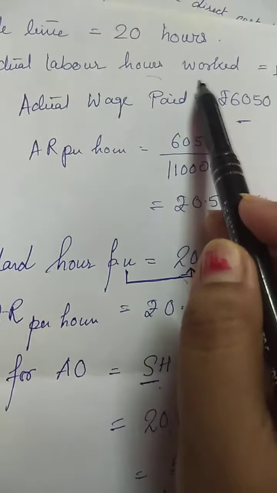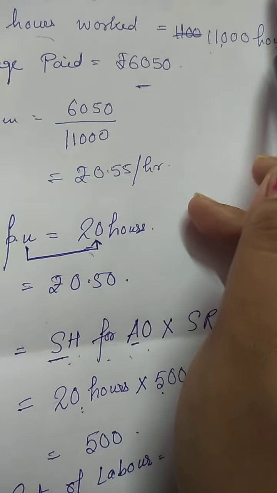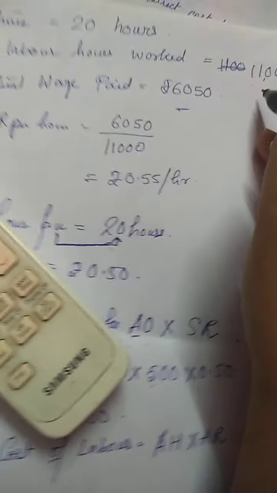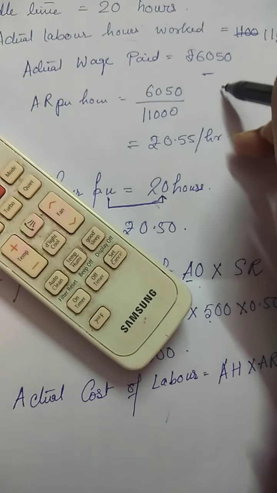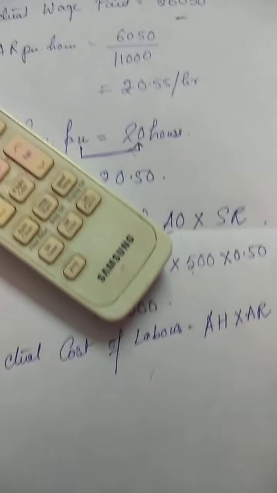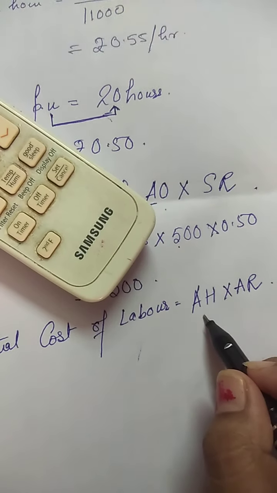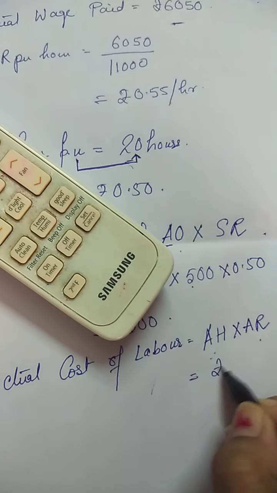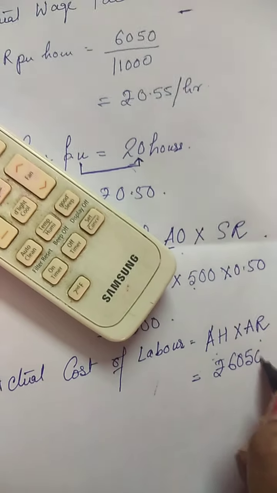And actual labor hours worked is given as 11,000 hours, which includes 20 hours as idle time. And actual rate we have to find out, but actual wages paid information is already given. So we don't need to do actual hours into actual rate, AH into AR. We can directly write it as rupees 6050.